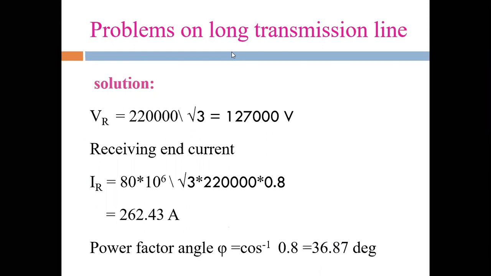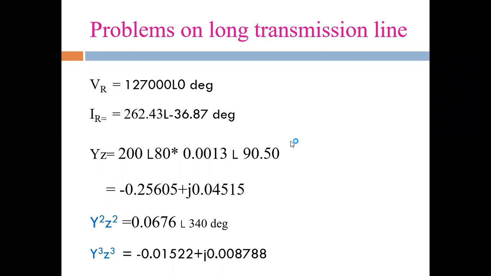The power factor angle phi is equal to the cos inverse of 0.8, then it is obtained as 36.87 degrees. After that we write down VR is equal to VR at an angle of 0 degrees.